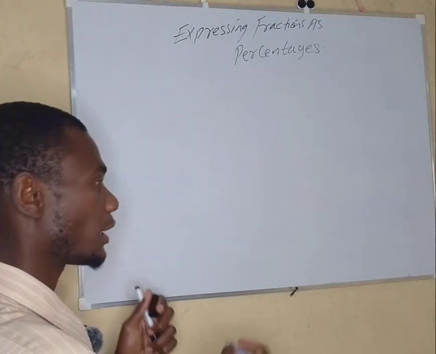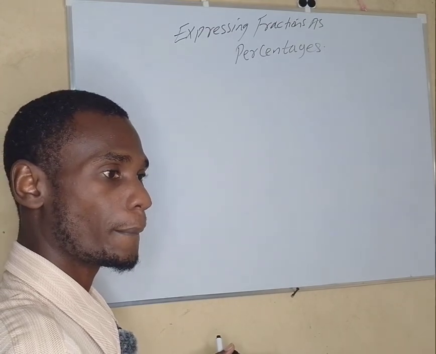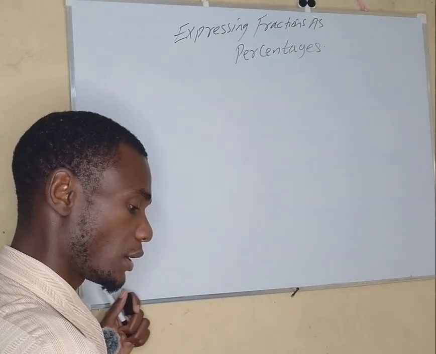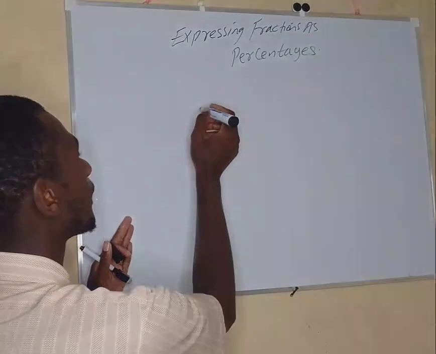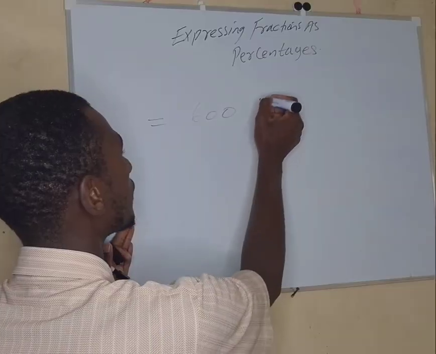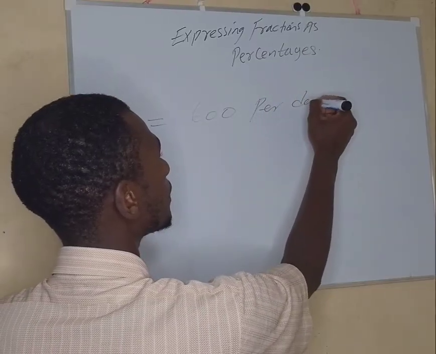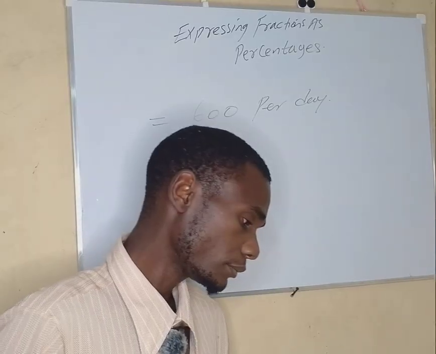I said anytime you are handling mathematics, the first thing you read, have something to write. So Naisai earns 600 shillings per day. So this is the amount this person is earning. So per day, that means every day this person is paid 600.